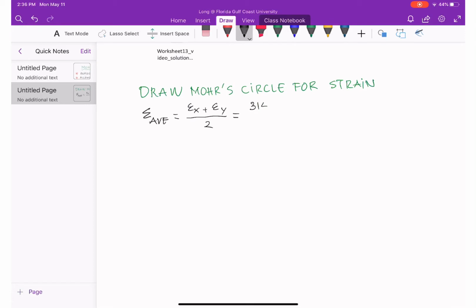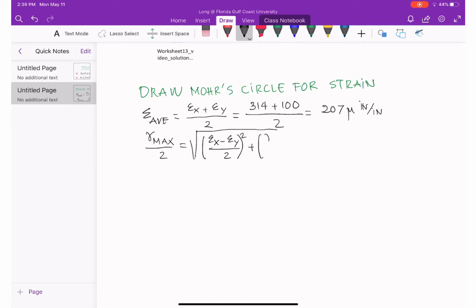114 plus 100 for epsilon y, divided by 2. So we will have that equal to 207 micro inch per inch. Continue with the radius equal to gamma max over 2, and we have the equation in the notes, which is the square root of epsilon x minus epsilon y over 2, squared, plus gamma xy over 2, squared.